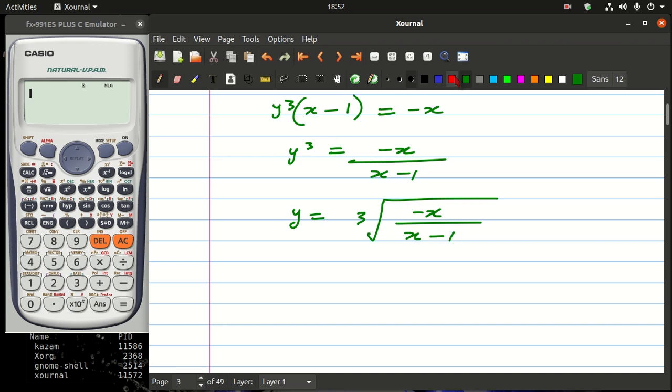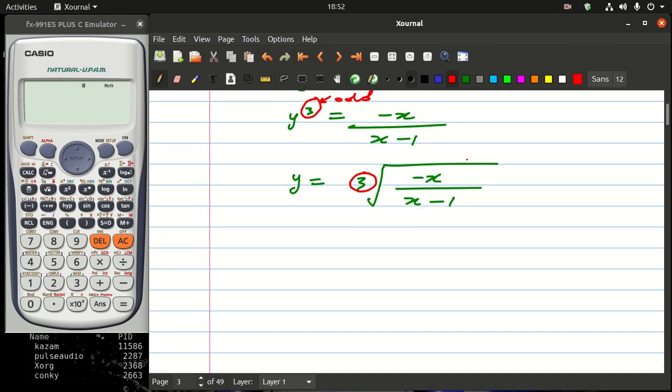Take note of this. Here I have an odd number. So this one is odd. So whenever you have an odd number here, we don't have a plus or minus in front, which means that whatever is inside here, I can always take the cube root of a positive number.